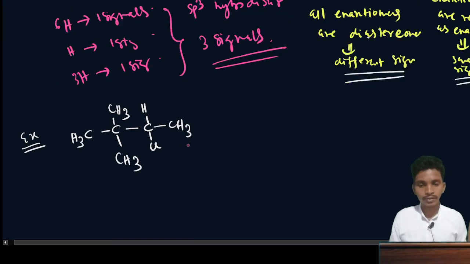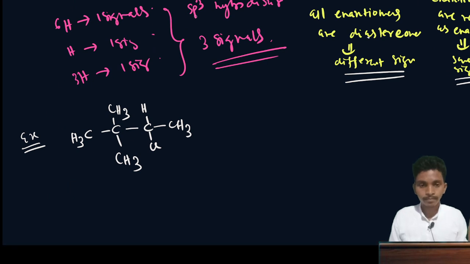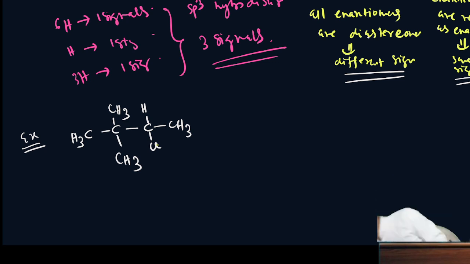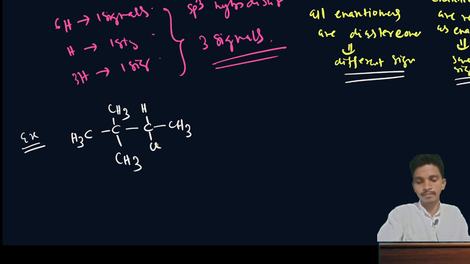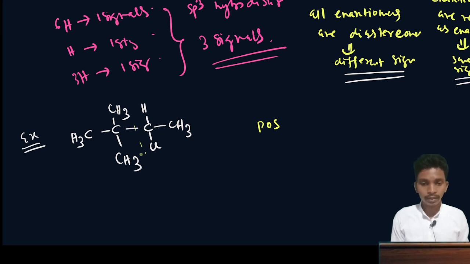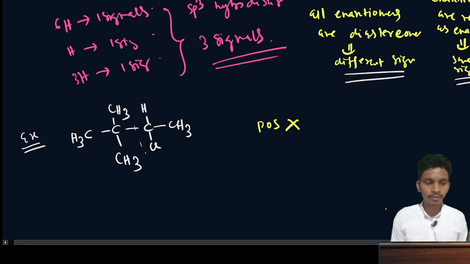In the same way, another example. If we look at this example, first we check whether POS, the plane of symmetry, is present or not. Here the plane of symmetry is absent.